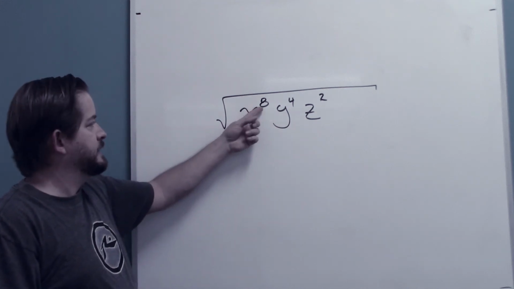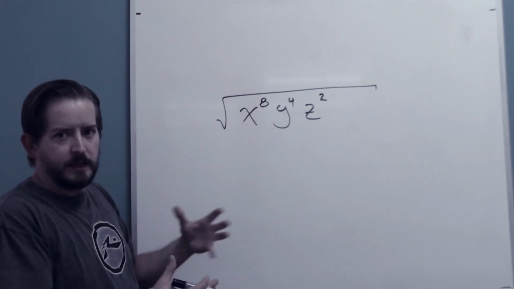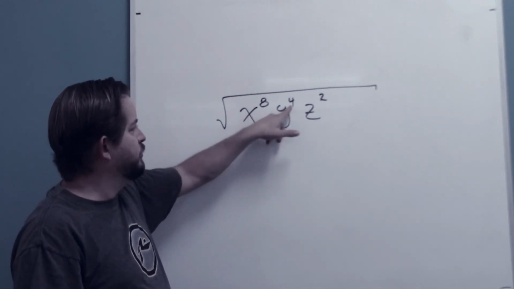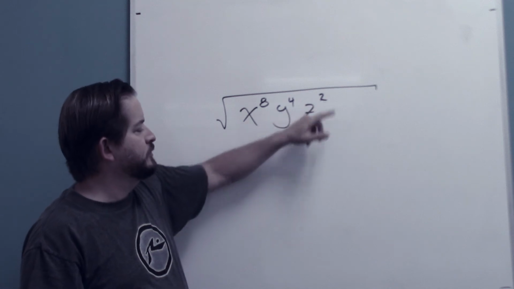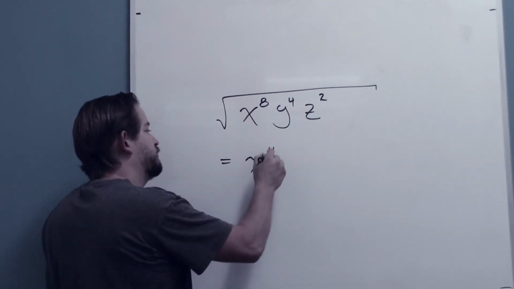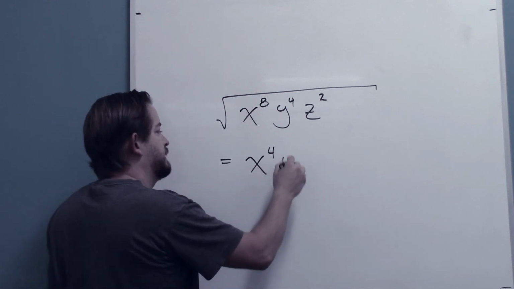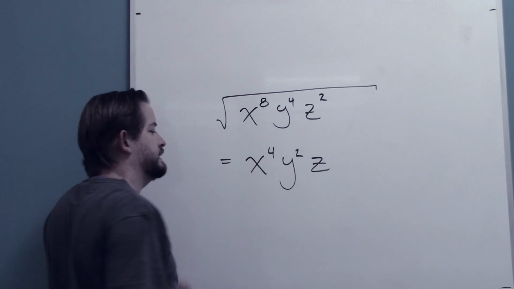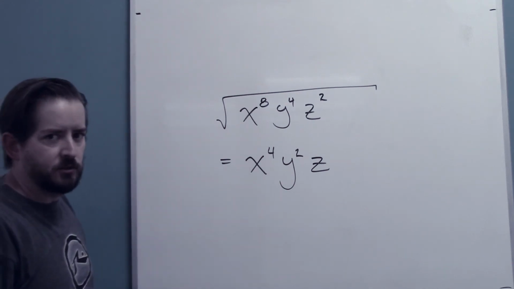And I got that by simply taking 8, dividing it by how many I need to make a group, a pair, 2. 8 divided by 2 is 4, 4 divided by 2 is 2, 2 divided by 2 is 1. And so I can simply call it that. There's 4 pairs of x's, 2 pairs of y's, and 1 pair of z's. And I've just taken the square root.